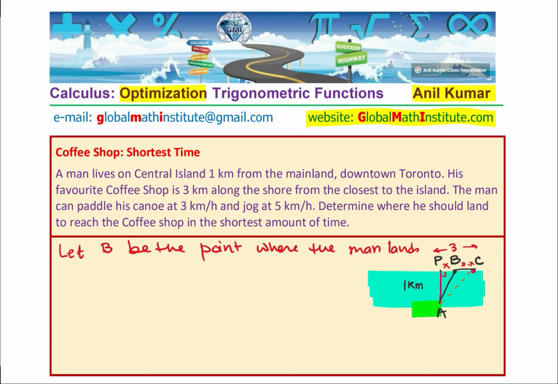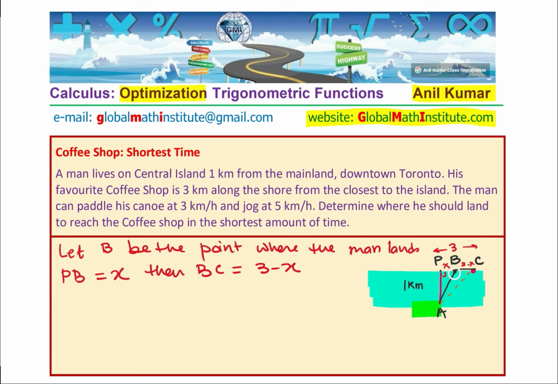And this B is such that the distance PB is equal to x, right? Then B to C, which is a jogging distance, will be 3 minus x. Is that clear to you?